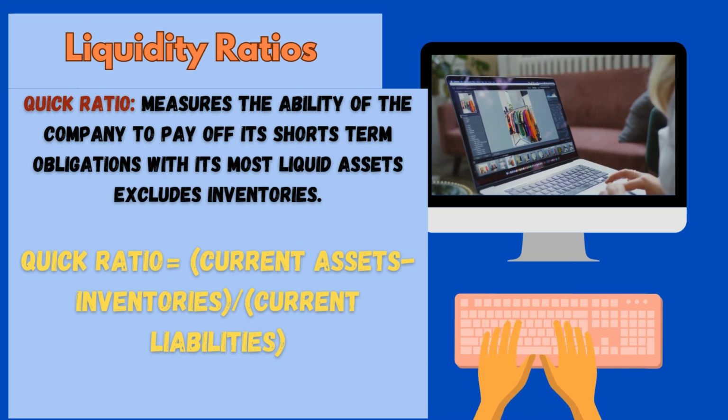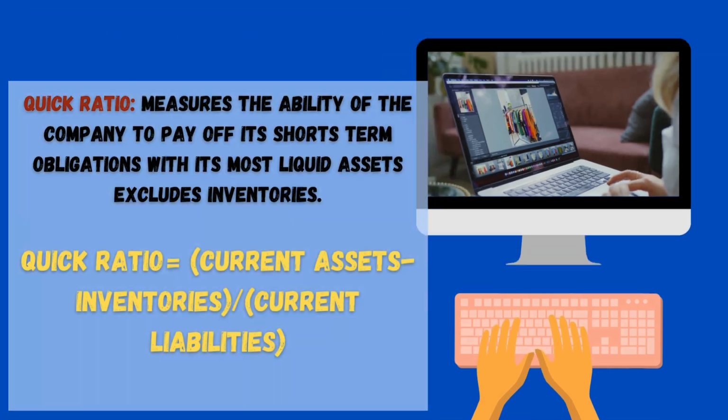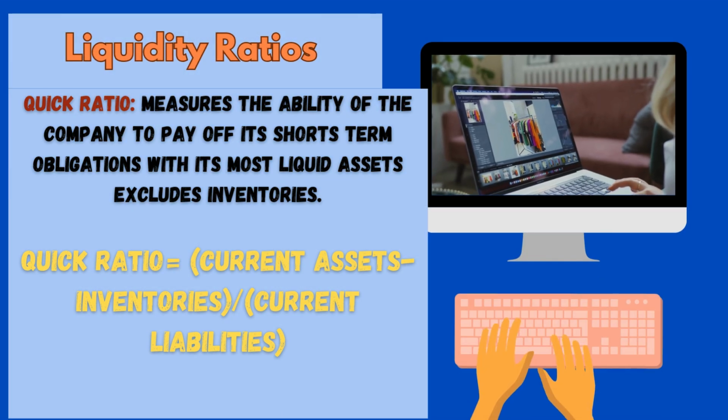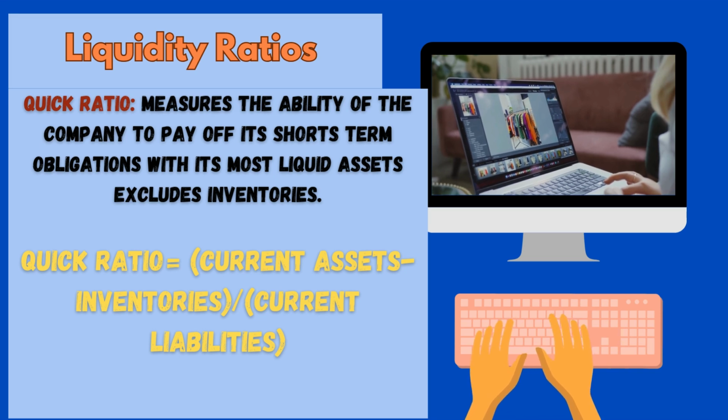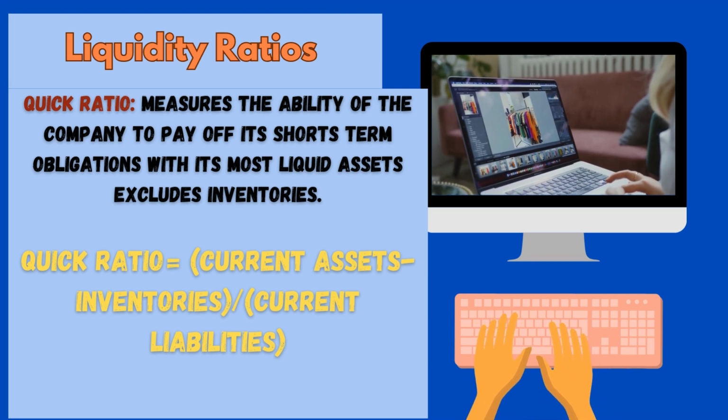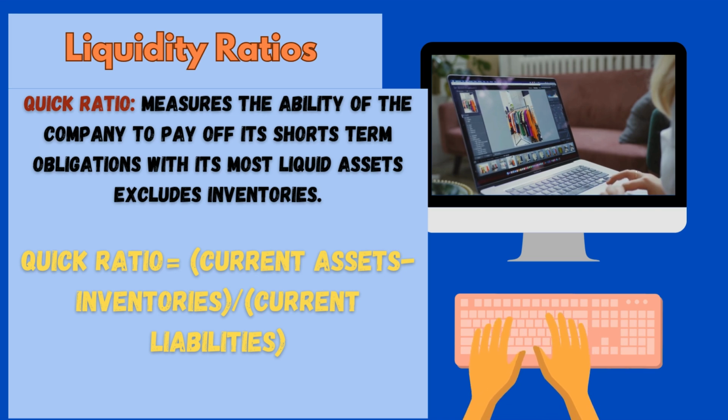We take into consideration all the elements of the current assets, but we exclude the inventories, meaning the raw materials and the goods or final products, and we divide these elements by the current liabilities.